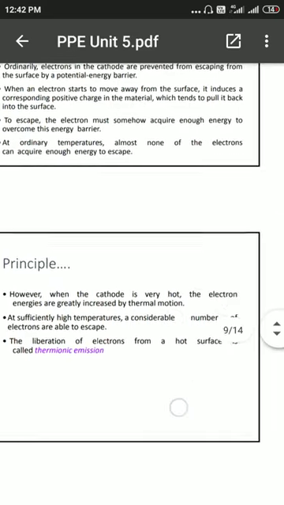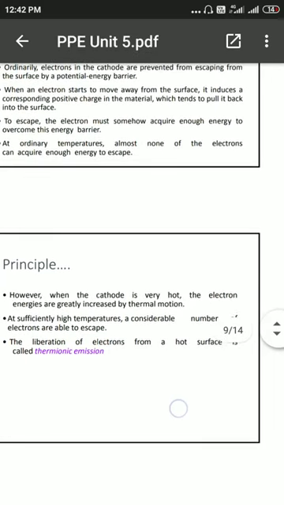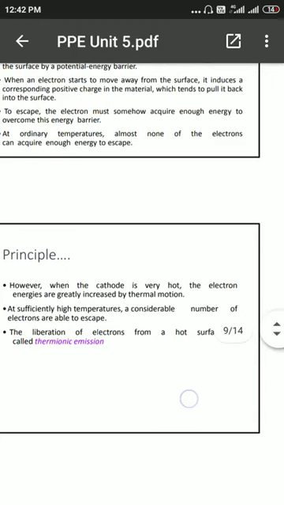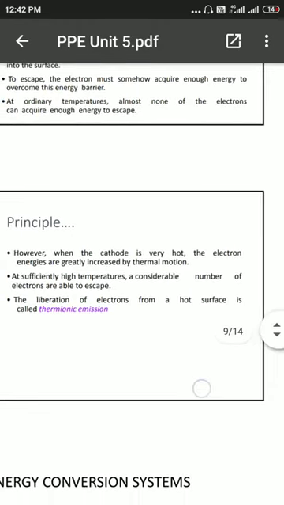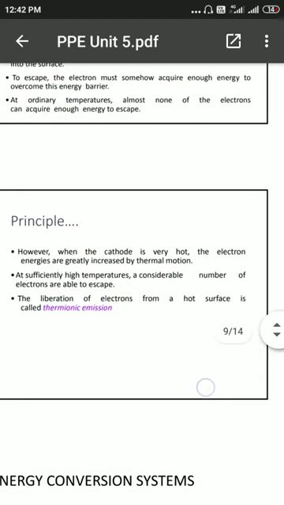But when the cathode is very hot, that is, if we heat the surface, the electron energies are greatly increased by the thermal motion. Due to this thermal energy, the electrons are energized, and at sufficiently high temperature, a considerable number of electrons are able to escape.